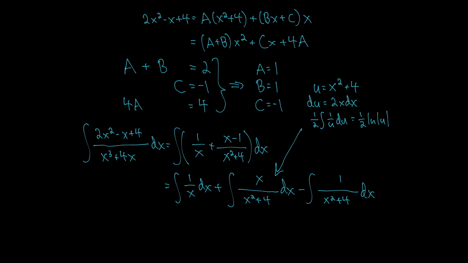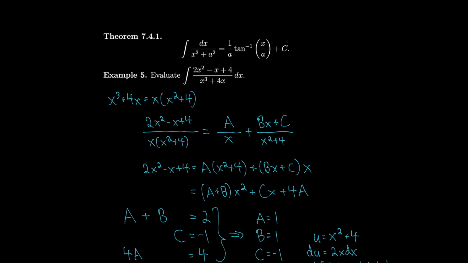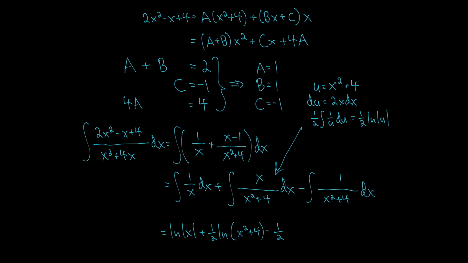So that means that we just get ln of absolute value of x plus half of ln of the absolute value of x squared plus 4. But x squared plus 4 is always positive, so it's just x squared plus 4. And then minus half of, using our formula over here, it was 1 over a, x over a, where a is 2, so minus half tan inverse x over 2, and our constant.